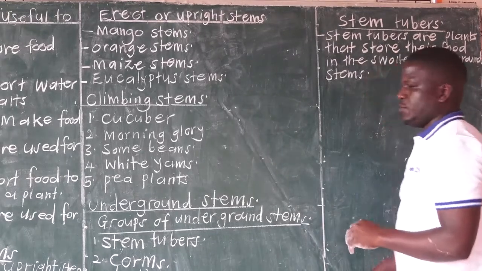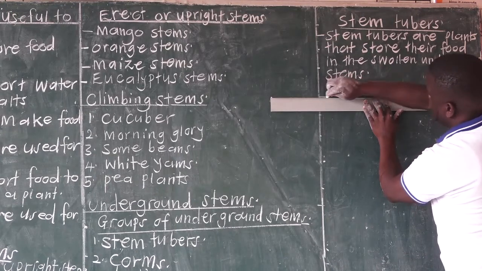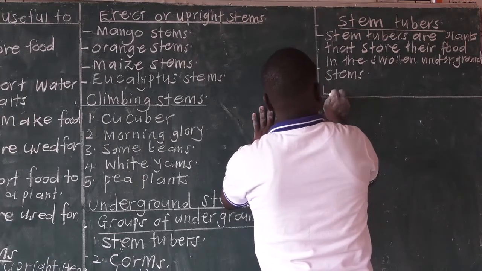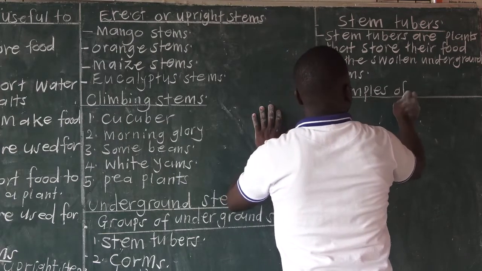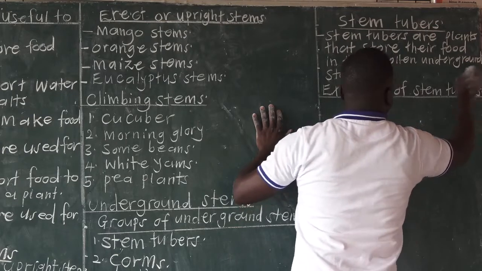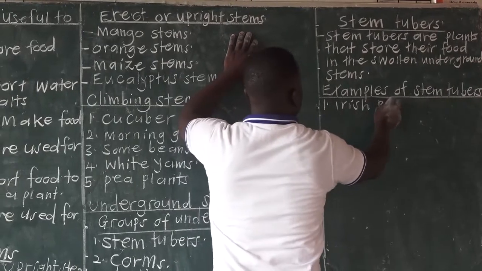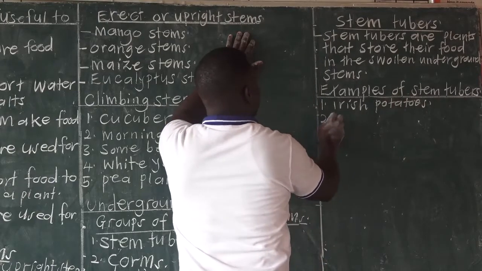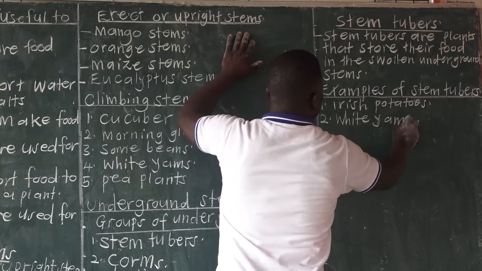We have examples of stem tubers. One which is very common is Irish potato. Number two, we have white yams.